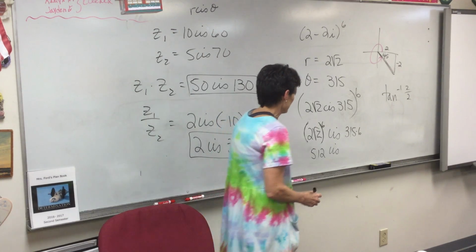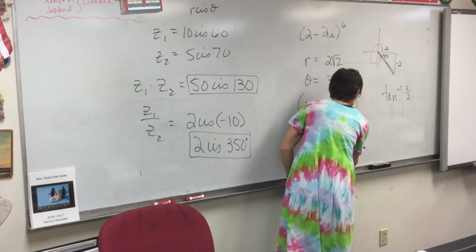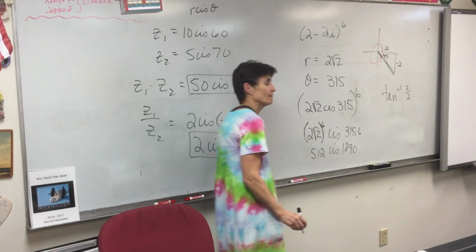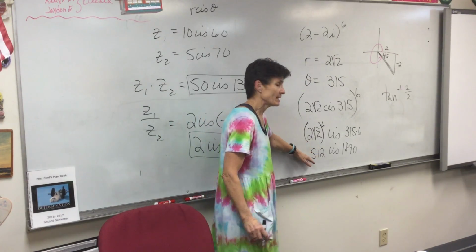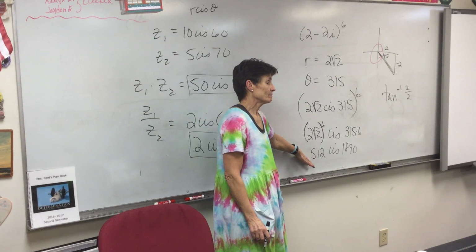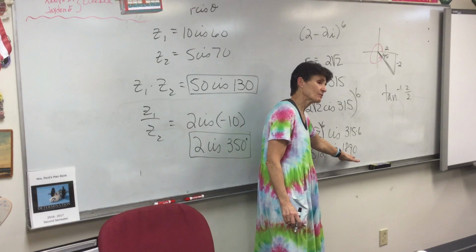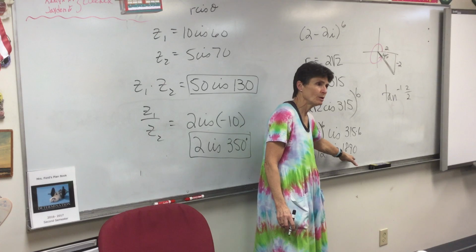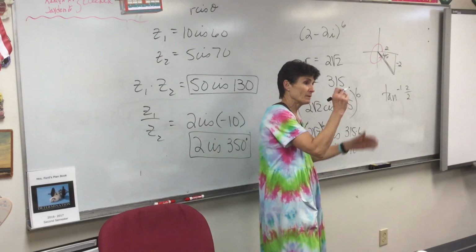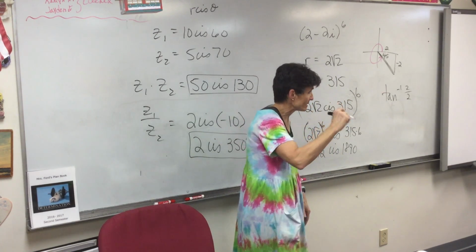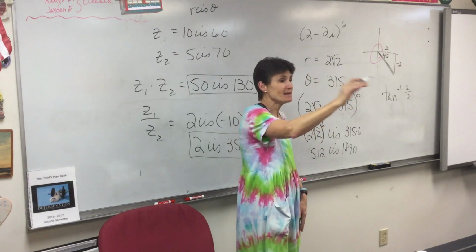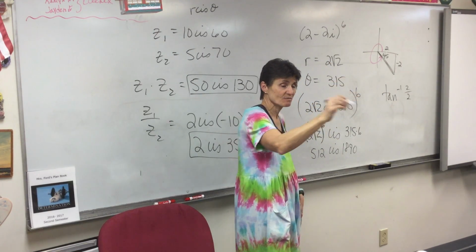Answer is 90 for that one. It's 1890 to start with, though, right? Yeah. So here's my first stage of my answer. Everything's hunky-dory, except 1,890 is just a little bit too big. So I'm going to subtract 360s as many times as I need to. Derek says 5 times.